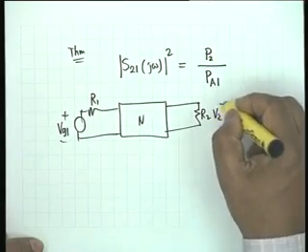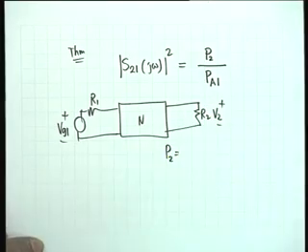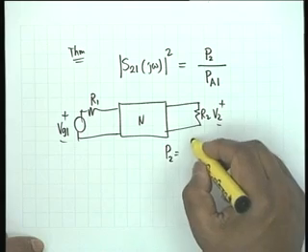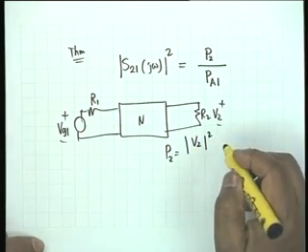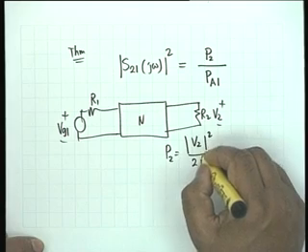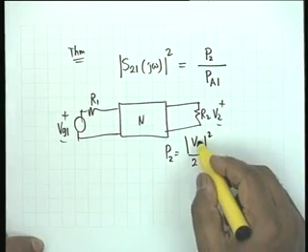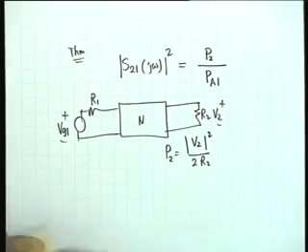If this voltage is V2, then P2 is the power that is actually absorbed by the load. So, P2 is equal to |V2|² by 2R2. The factor 2 comes because V2 is taken as the peak value. V2 by square root of 2 is the RMS value, square of that divided by R2.